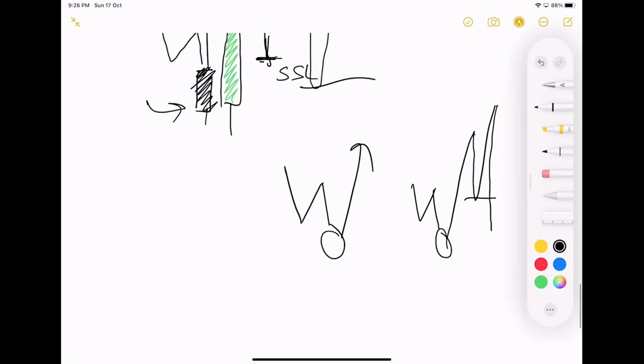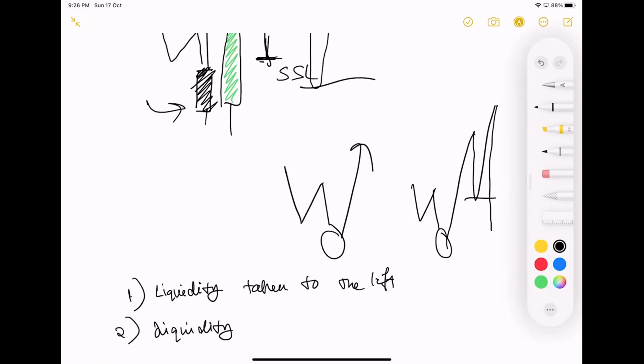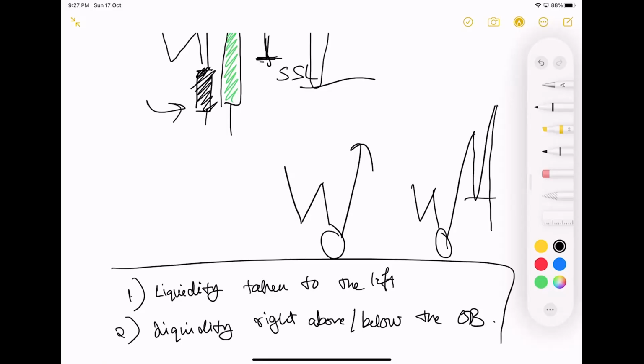If I were to write it down, your first one is liquidity taken to the left. Second one is liquidity engineered below the order block. This is your high probability returns to an order block.